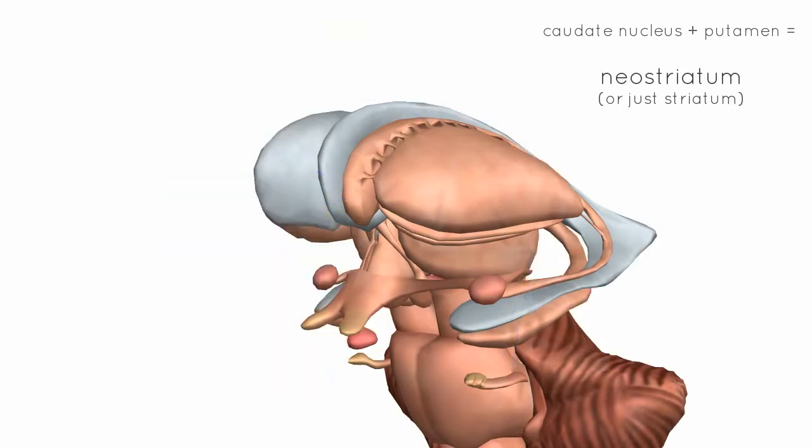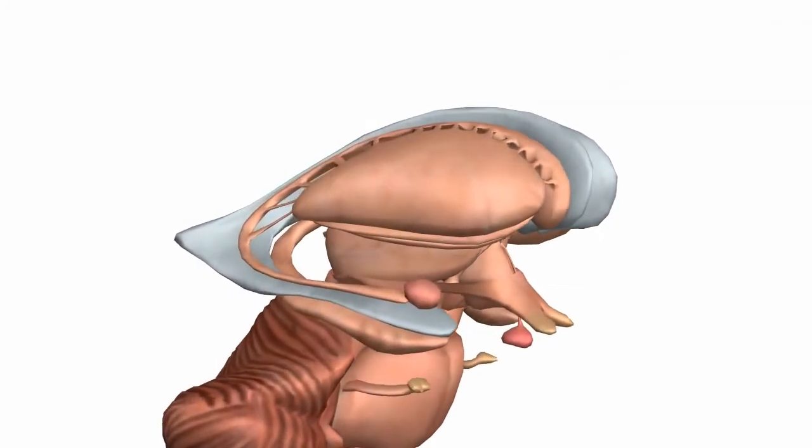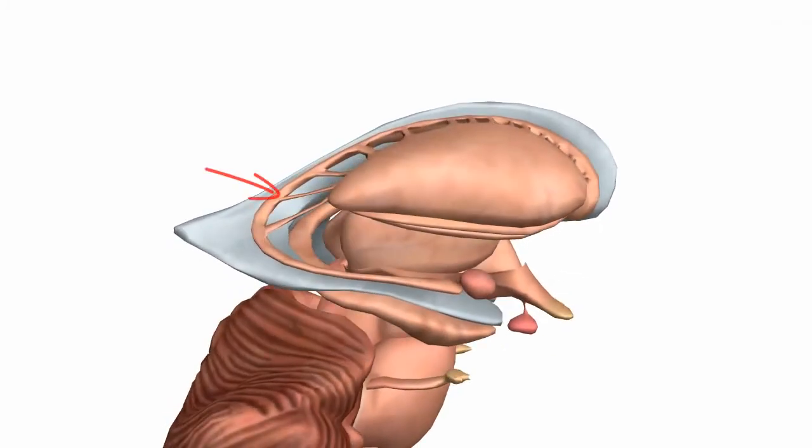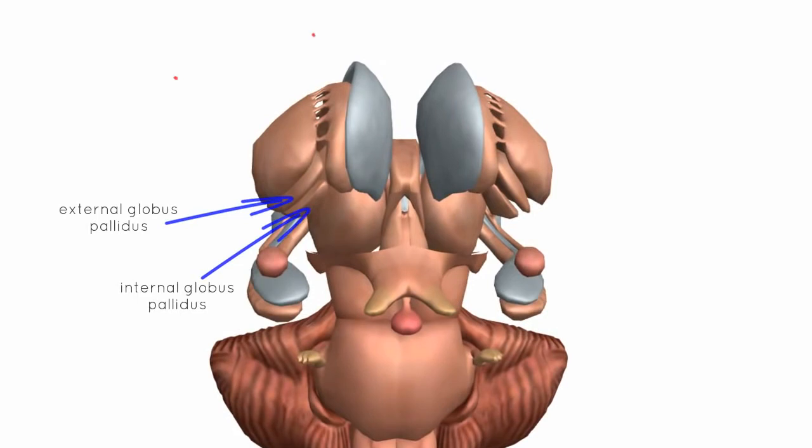You've got these structures on both sides. If I just rotate around to the other side, you can see the C-shaped caudate nucleus, its head, the body, and the tail. You can see the putamen sitting laterally, and the globus pallidus with its lateral and medial parts sitting medially.